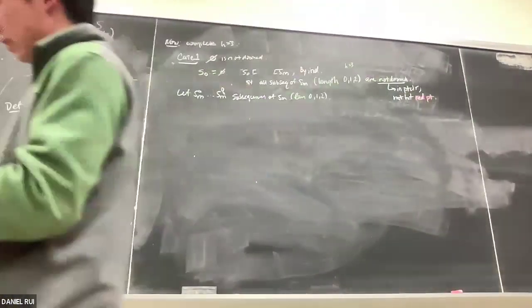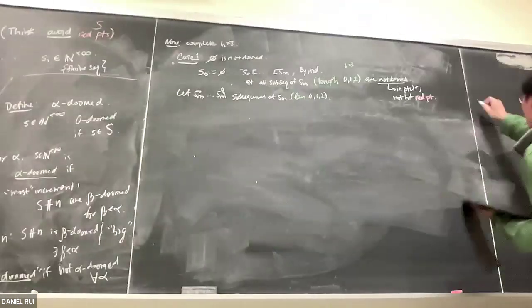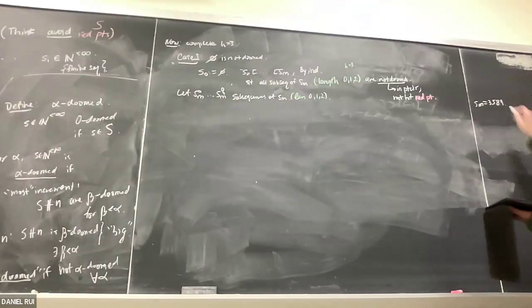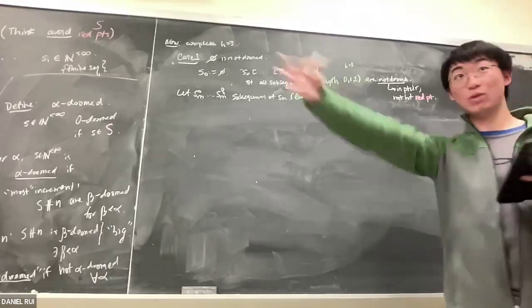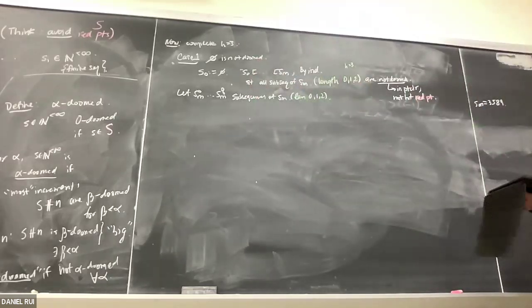So in this picture over here, suppose I have SM is equal to 3, 5, 8, and 9. That's my subsequence so far. Remember, my goal is to build up A, which is infinite, right? So I'm pretty early on in the process.